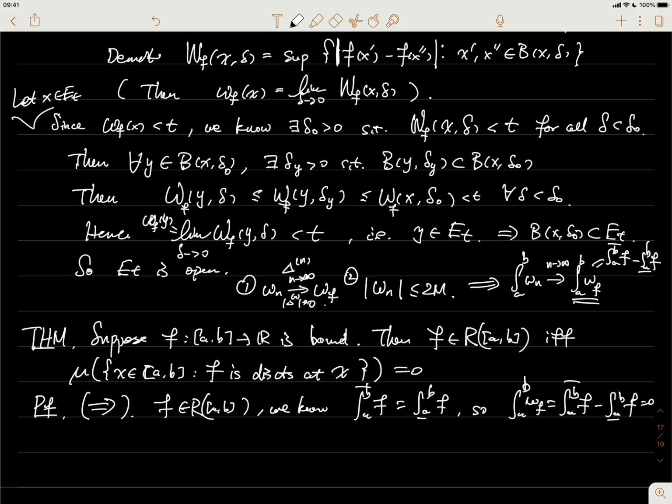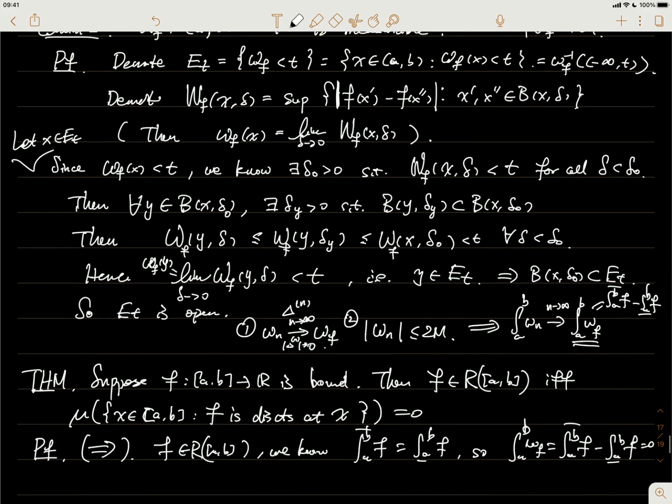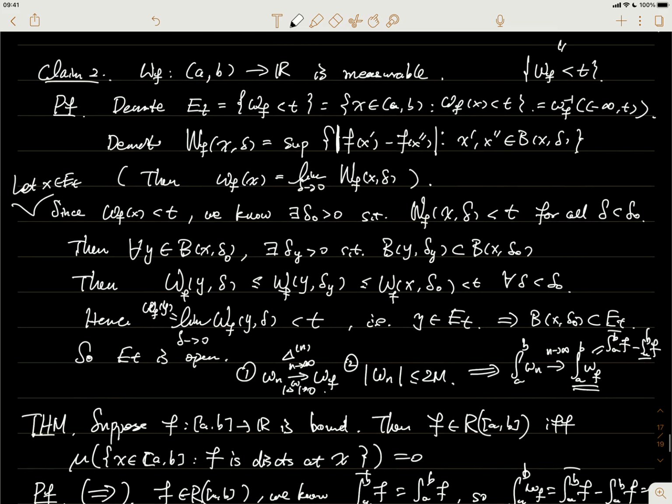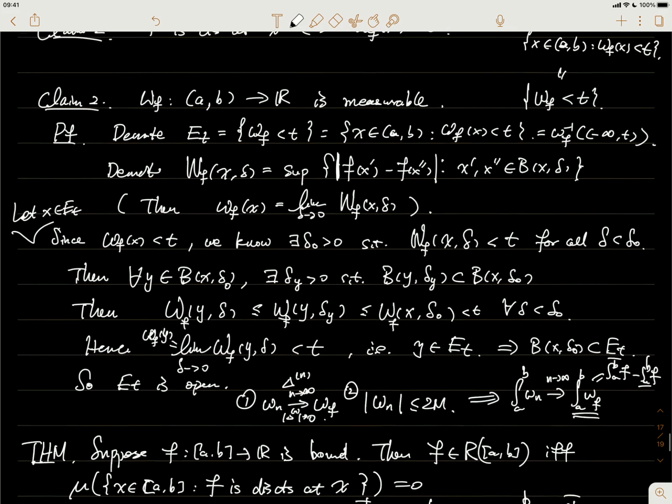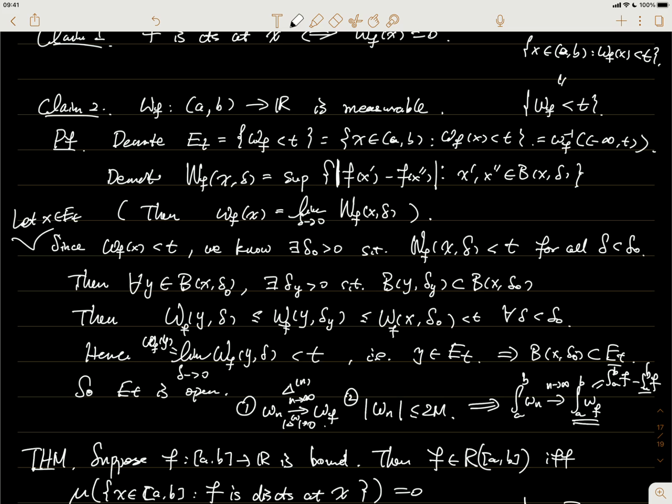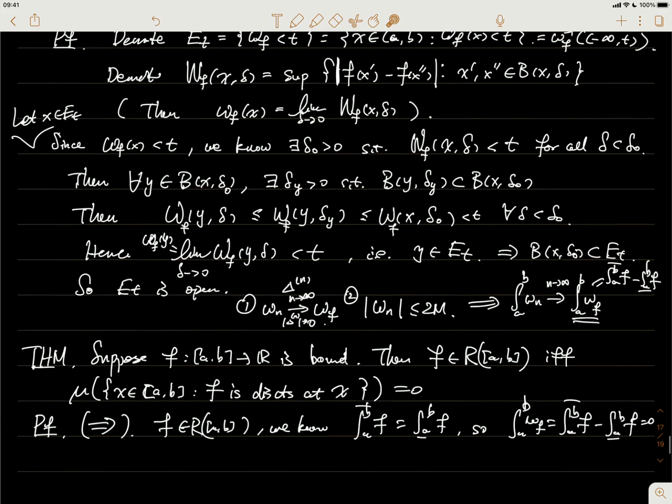Now Wf is a measurable function as we showed before, and apparently Wf is non-negative because it's taken as a limit of such things, and each one of these is greater than or equal to 0. When delta goes to 0, the limit is still greater than or equal to 0. But the integral of that is equal to 0.